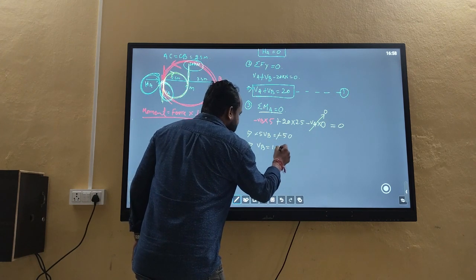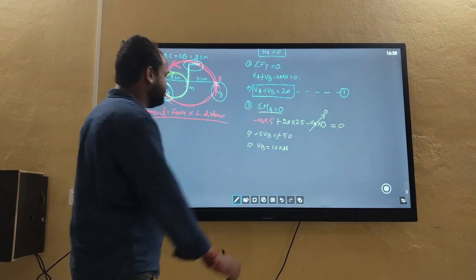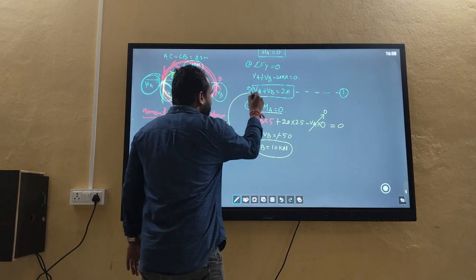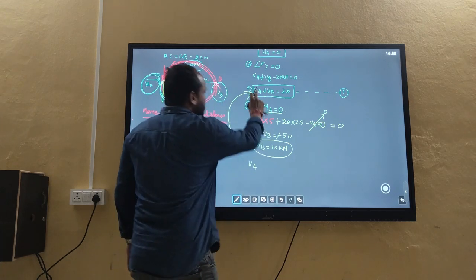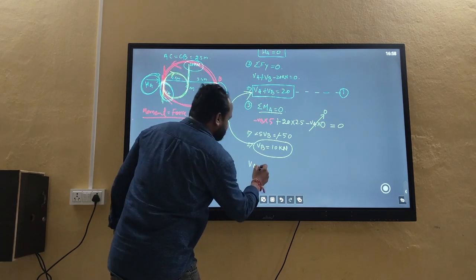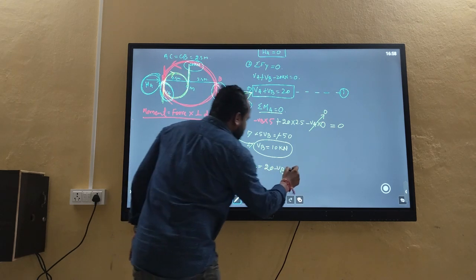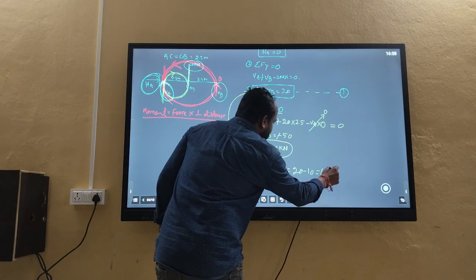VB is our 10 kilonewton. Understood? Then by putting the value of VB in equation number 1, VA plus VB is equal to 20. That means VA is equal to 20 minus VB, which is 20 minus 10 is equal to 10 kilonewton.